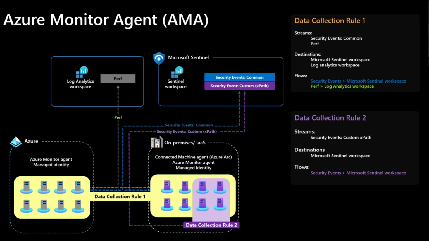But I don't want any noisy performance data that is not useful to me in the security area to come over here because I don't want to pay for it. So I can send that over to some other analytics workspace, but not necessarily the one that is associated with Sentinel. And again, I'll show you this during the demo.